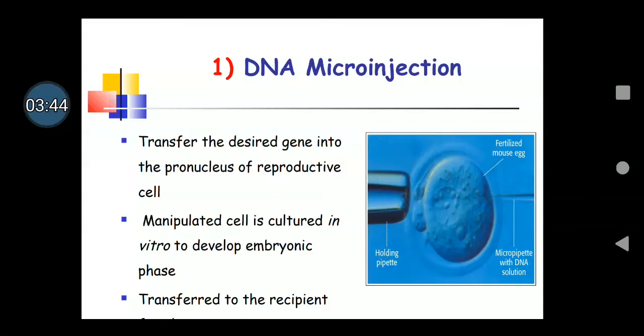It is a fertilized mouse egg into which only our gene of interest is injected with the help of the micropipette. Hence it is termed microinjection. The manipulated cell is cultured in vitro in the embryonic phase, then transferred to the uterus of the recipient animal.